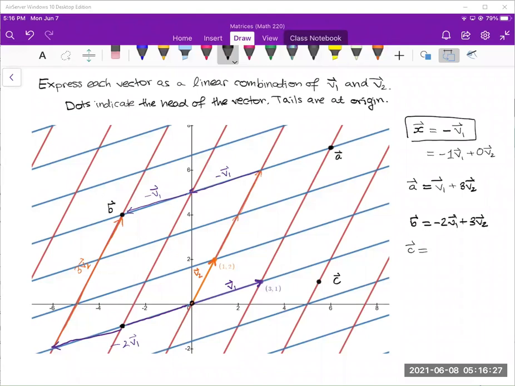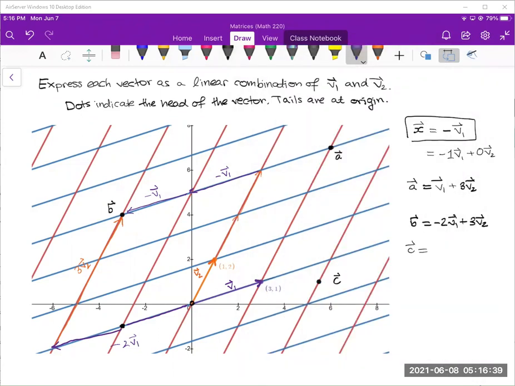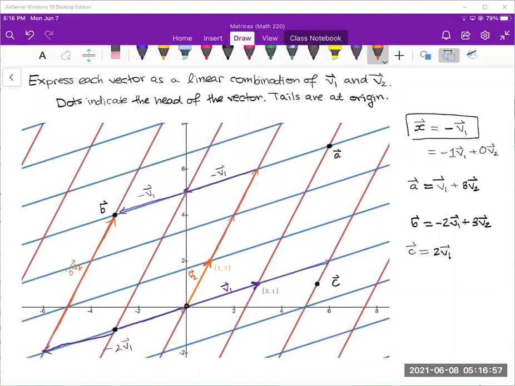But if we think about traveling parallel to v1 and v2, trying to build to this spot, we're going to begin by going to 2v1, and then we're going to go in the direction opposite v2, and we want not a full length of v2, but instead half of v2. So this is going to be minus 1/2 v2. It's pointed in the opposite direction of v2, and it's only half as long.